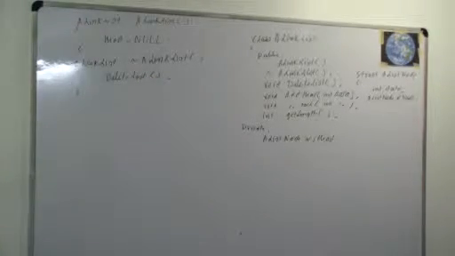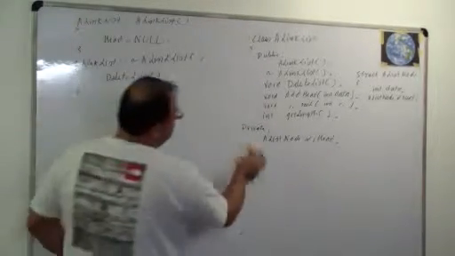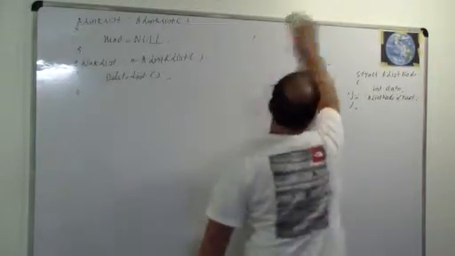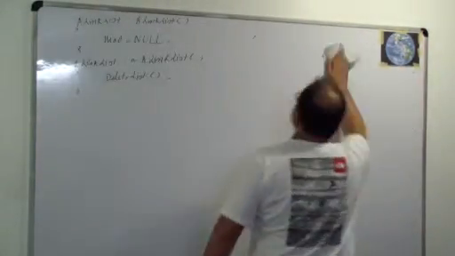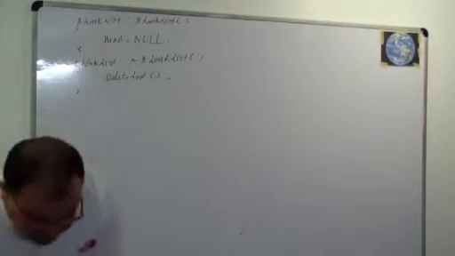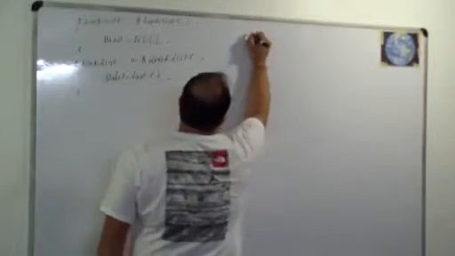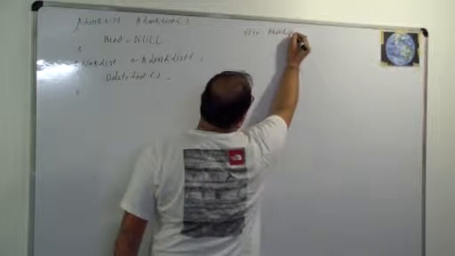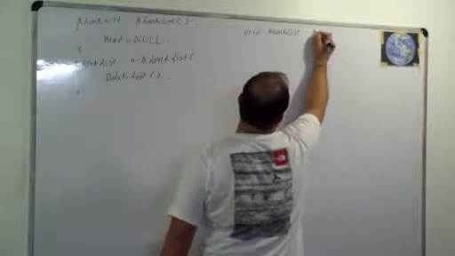Okay. I will erase this part, and we will write the delete function. So void LinkedList colon colon delete.